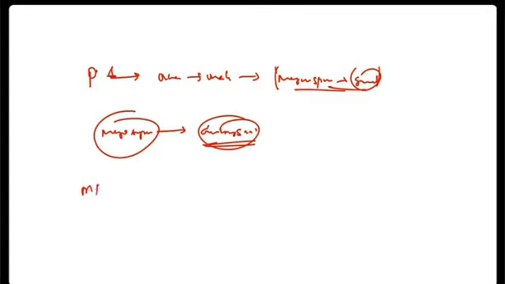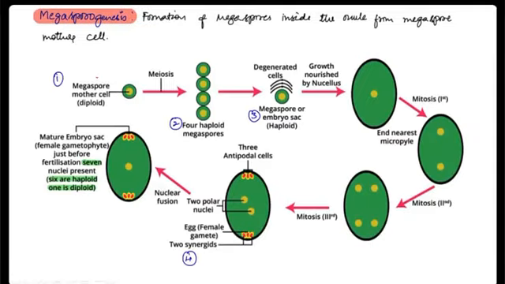So we'll start with the megaspore mother cell. The megaspore mother cell is diploid in nature. Due to the event of meiosis, this megaspore mother cell, where the ploidy level is diploid, will give 4 daughter cells. Out of these 4 daughter cells, 3 will degenerate, and this 1 daughter cell will be nourished by the nucellar tissues.